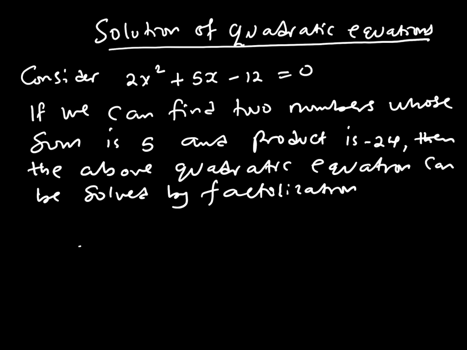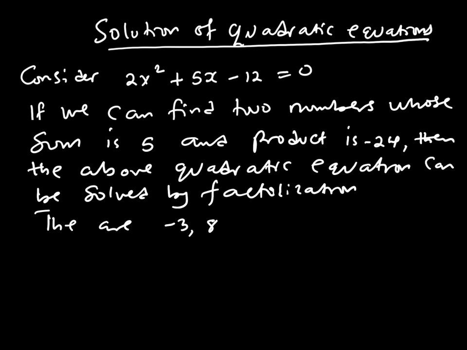Okay, so how do we solve such an equation with the factors known to us? Let's talk about this in a minute. So we said these are negative 3 and 8.